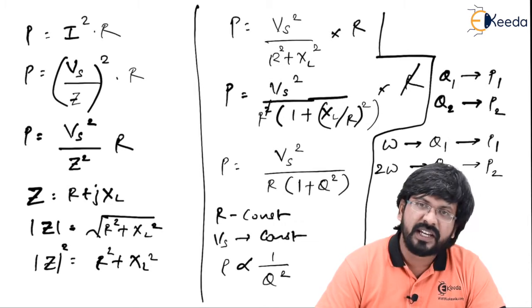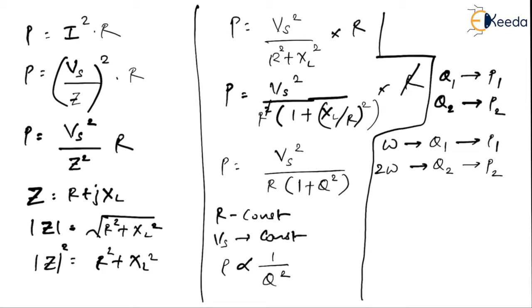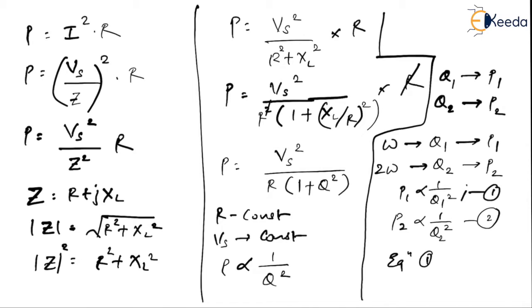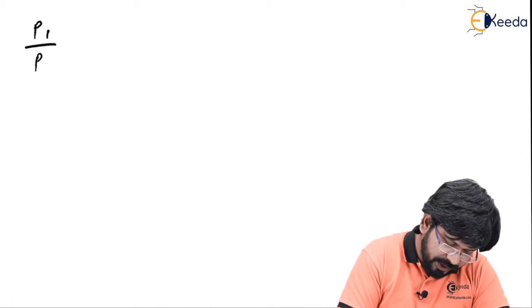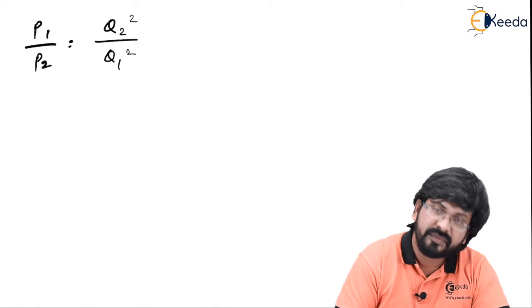Let's see what we can do with this. We know the fact P is inversely proportional to Q square, means P1 is inversely proportional to 1 upon Q1 square, whereas P2 is inversely proportional to 1 upon Q2 square. Call them equation number 1 and equation number 2. I'll take equation number 1 divided by equation number 2. Then I'll get P1 by P2 equal to Q2 square by Q1 square. Is that right?